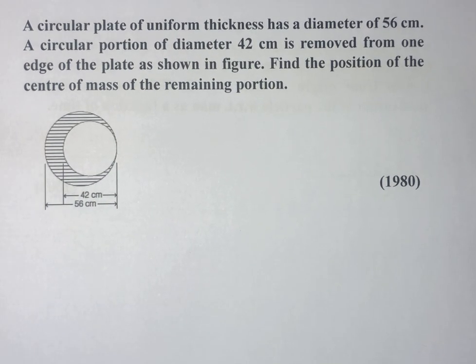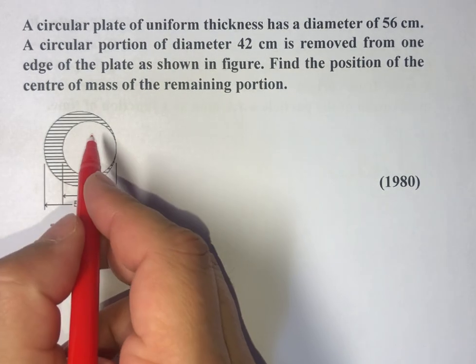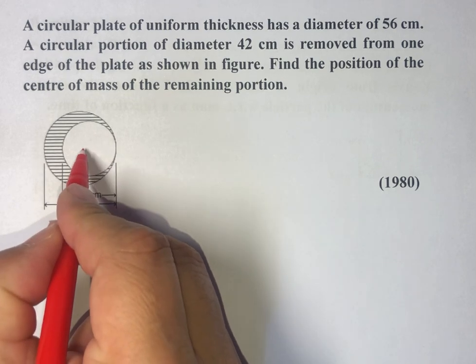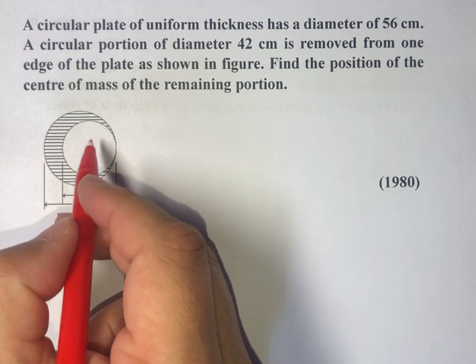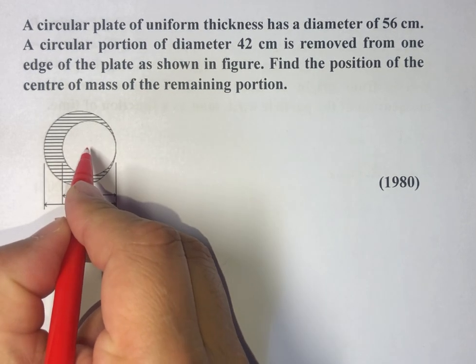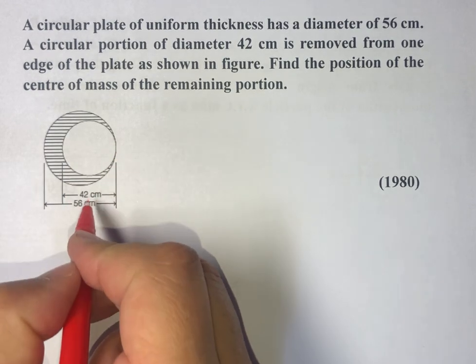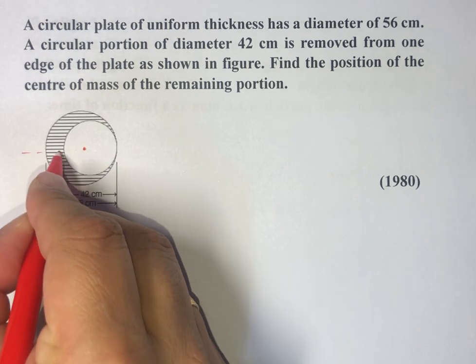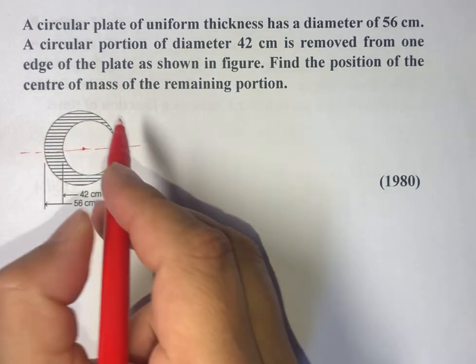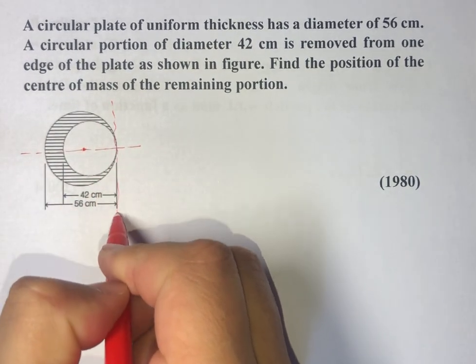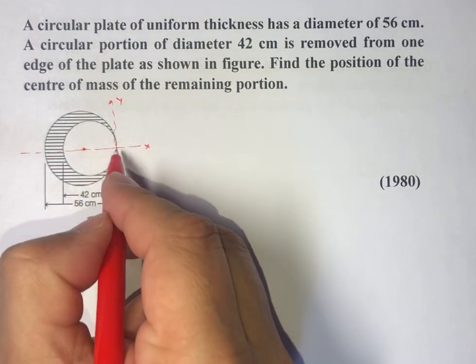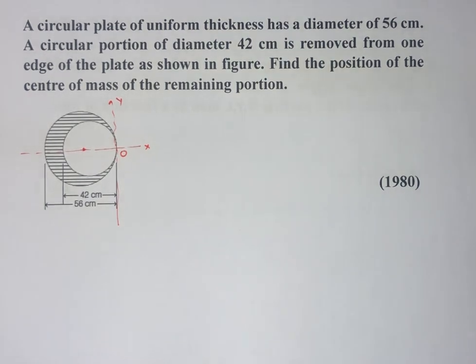So we can just think of this question as, let us suppose this is the center for the outer circle, and let us draw a coordinate here. So this is our x and y, so this is our origin.